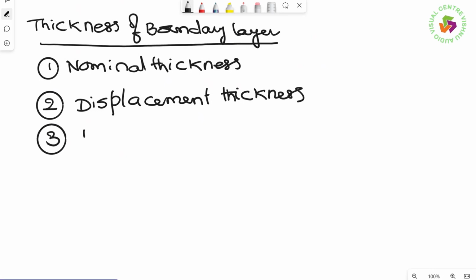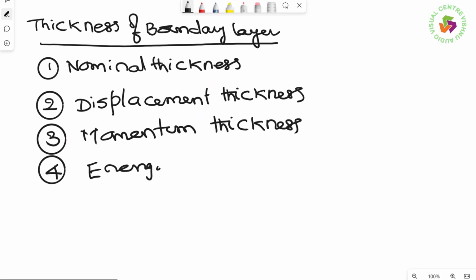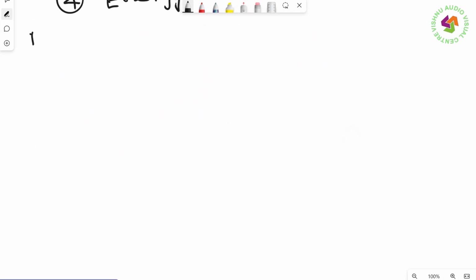The third one is momentum thickness. The last one is energy thickness. So let us take them one by one. First one is nominal thickness.